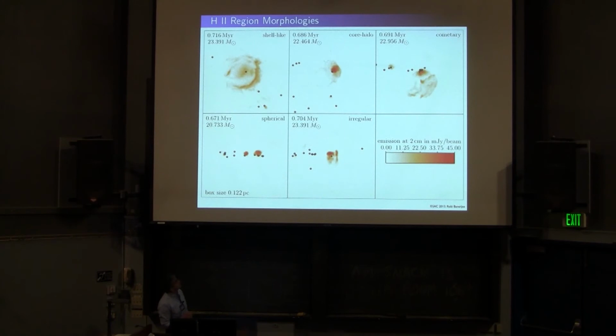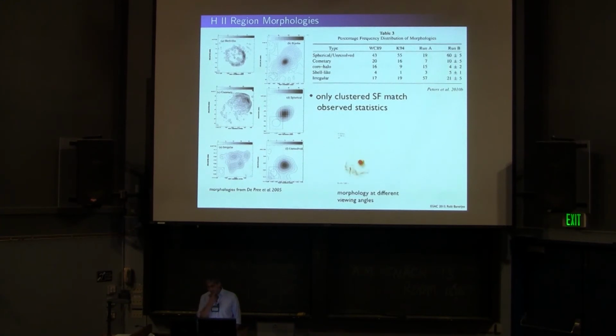And one thing was to test, for instance, the morphology of these H2 regions. And what you see is essentially in a single run, the morphology changes dramatically by time, but also by viewing angle. So telling us that we don't actually really need different theories to explain all these different morphologies which are observed as well.